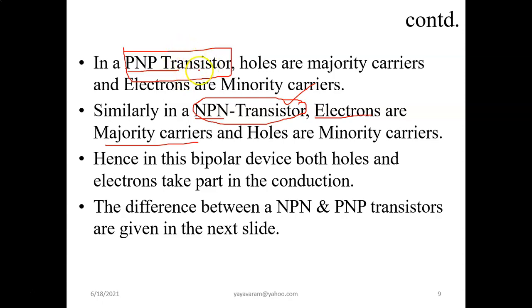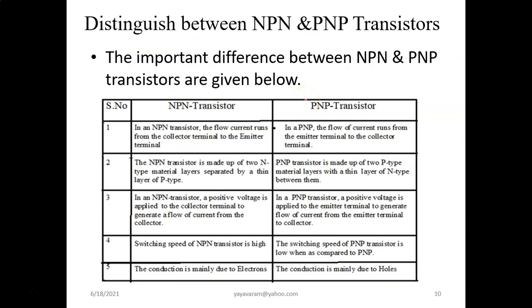In a PNP transistor holes are majority carriers, that means positive carriers, and holes move at a lower speed than electrons. Their mobility is less, so their switching speed is lower.